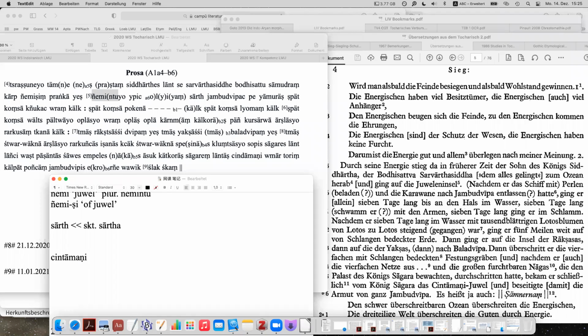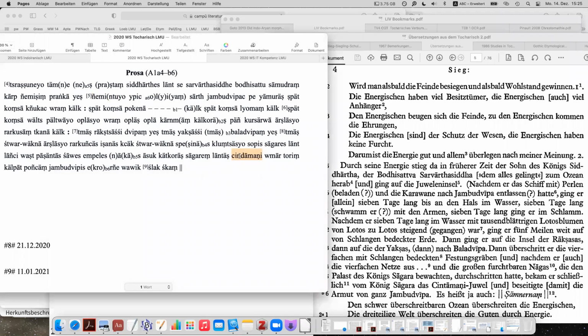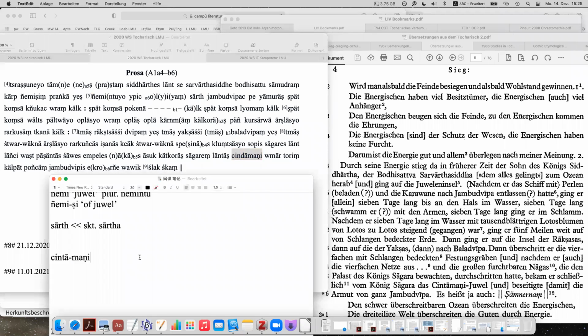The Chintamani is a Sanskrit word, of course, and we have the word here. Sanskrit is Chintamani, right? And it's borrowed into Tocharian, called Chindamani. So again, you find the sound change.